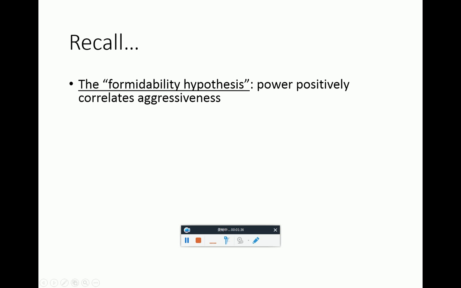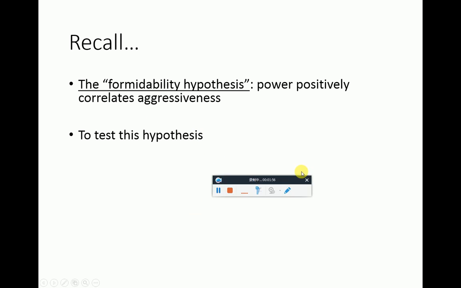All right, so let's continue to use this formidability hypothesis as an example. It says, the more power a person has, the more likely this person will be aggressive.